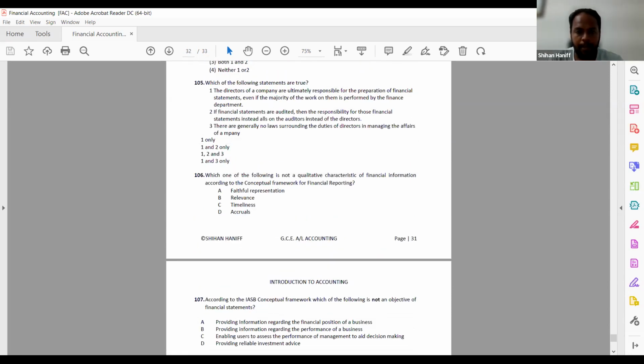Before that, the introduction to accounting part is done. All the main areas are covered. Now let me explain the accounting framework, because some of the questions I have given are related to it. So we can finish that as well.